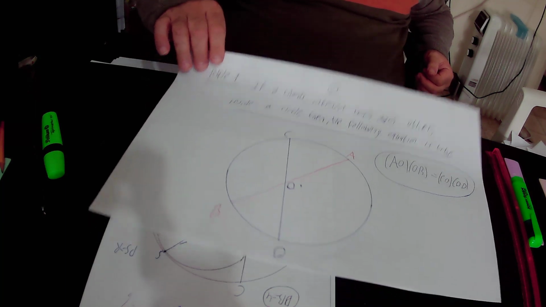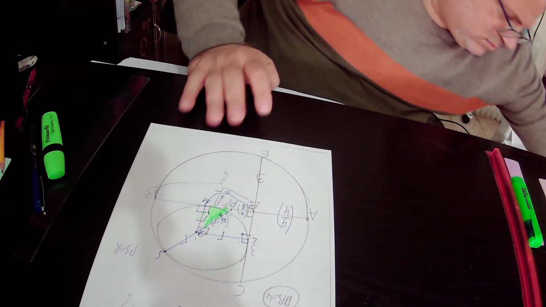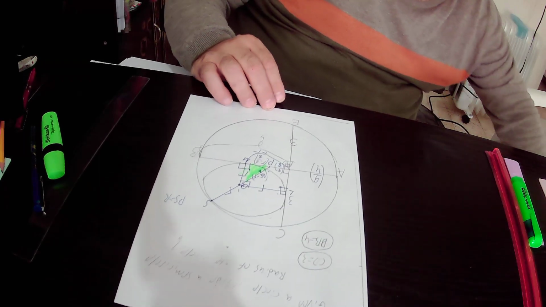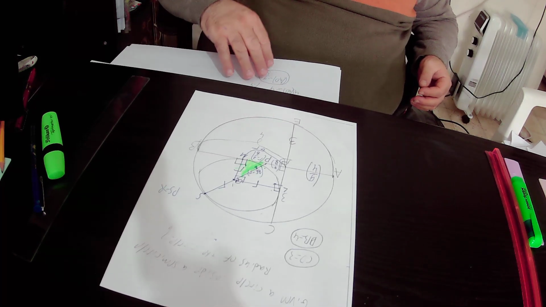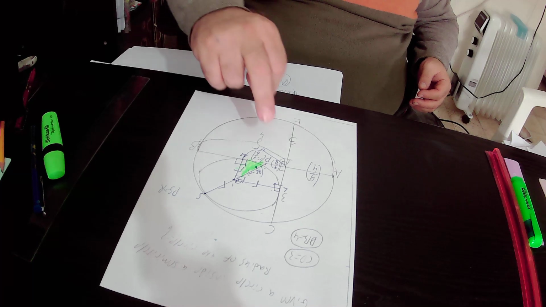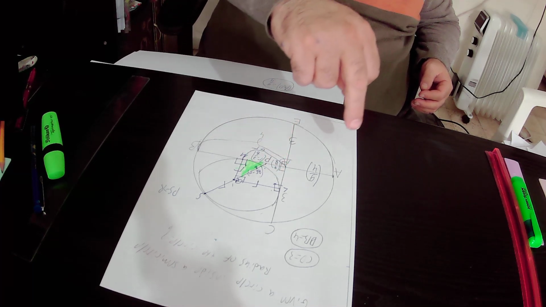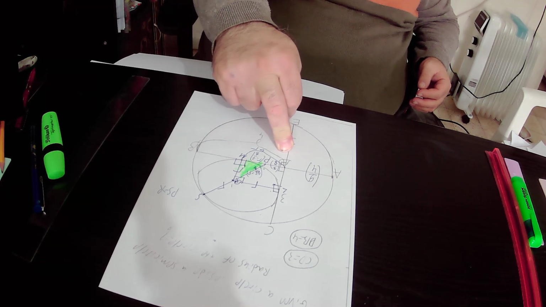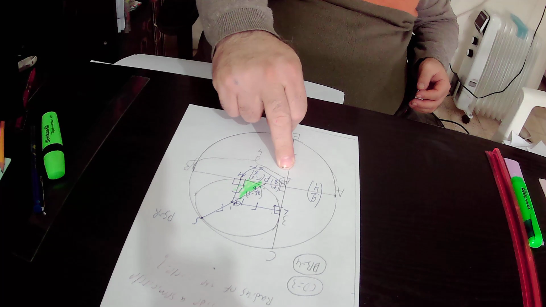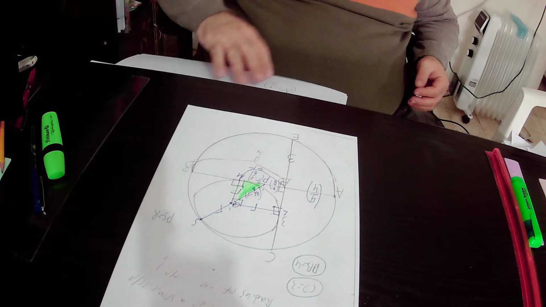We can implement rule number 1 in our drawing, because in our drawing we have chord CE intersecting with chord AB at point D. Point D is the intersection point of chord AB with chord CE.